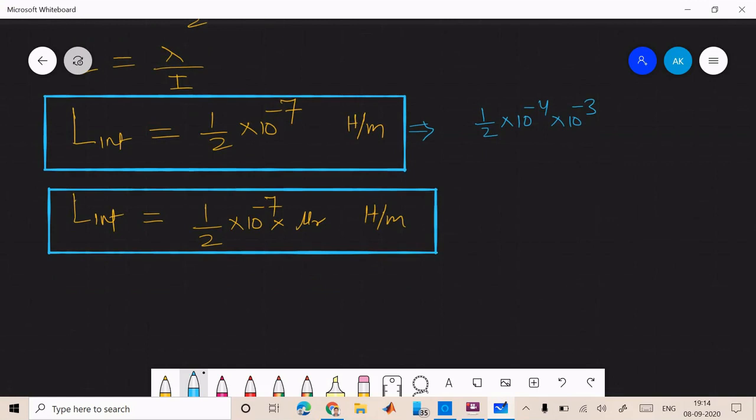So this will come in terms of millihenry, and for kilometer it will be 0.05 millihenry per kilometer.